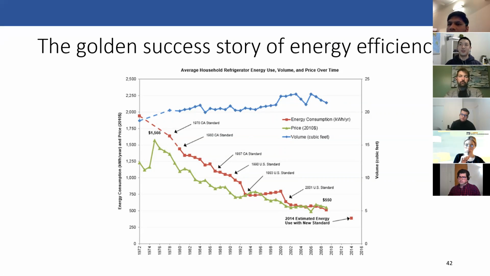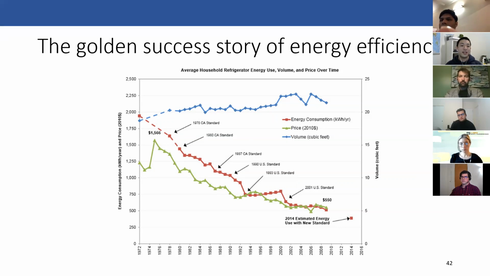And it turned out it was just a win-win story because refrigerators actually ended up getting larger, or you got more space because of the way they did a lot of those improvements, while at the same time it actually led to price drops because it turned out making the fridges more efficient was also cheaper.